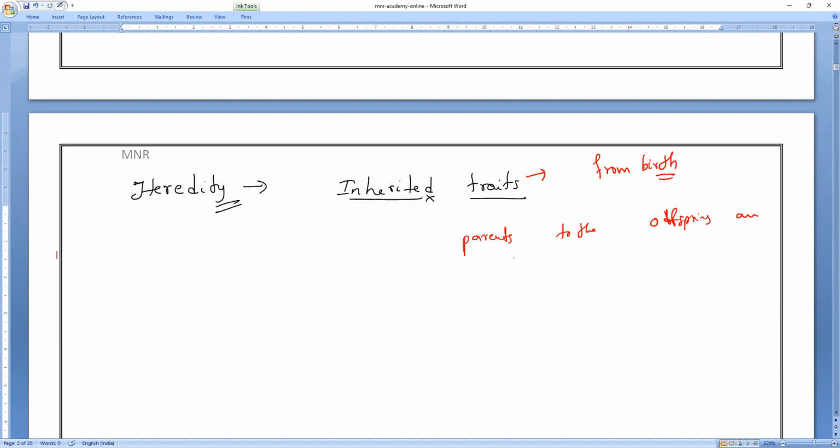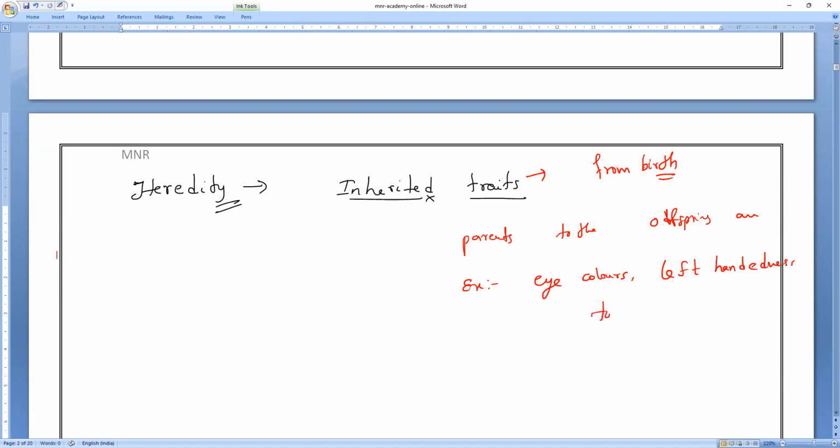So what is passed from parents to the offsprings? Can you tell me what kind of things we get? Examples, anybody? Mainly you can notice it from birth. Eye colors, do you understand? And we can notice some people having tongue rolling or left-handedness. All these characteristics come from the parents. For example, if the father is left-handed, then the children may also be left-handers.